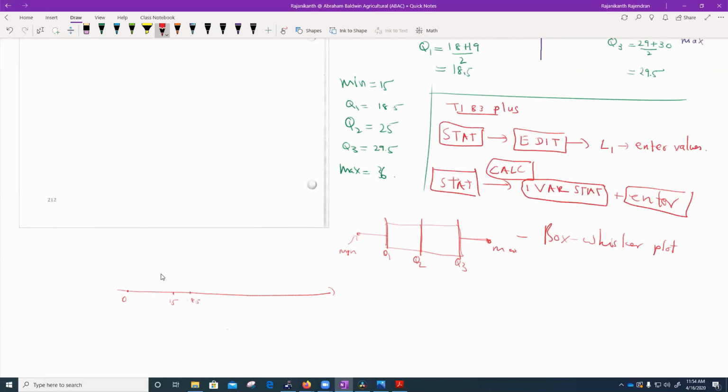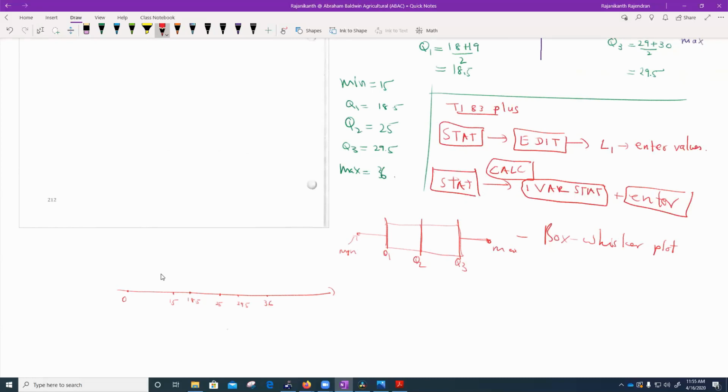The next number is 25, right? So 25 a little bit further. Then I need 29.5, a little bit bigger than that. And the last one is 36. Mark all 5 values.